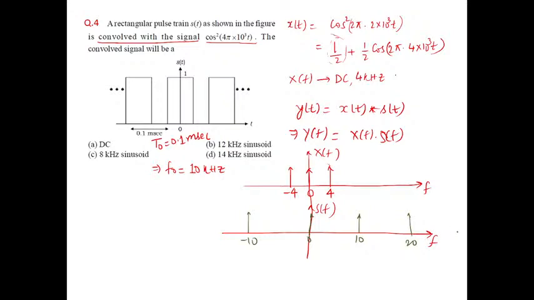In between, there is always a possibility that some of the frequency components may be absent, simply because that will depend upon the duty cycle of the rectangular pulse train. So let us assume that 10 and 20 are present here. Now if we multiply this X(f) with S(f), what will be the frequency components present in Y(f)?